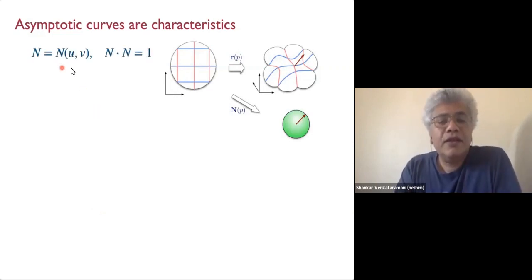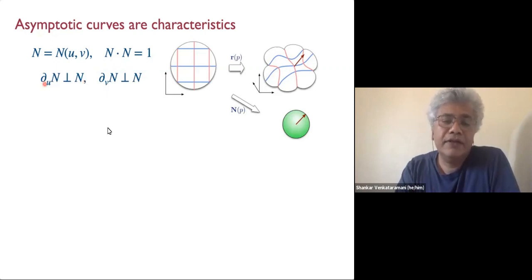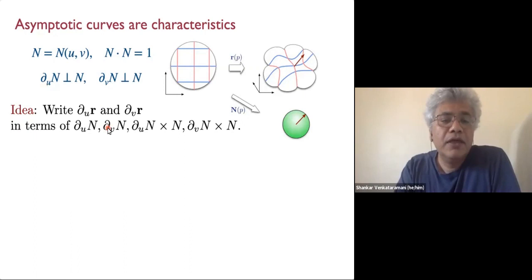So U and V now are going to be these characteristic or asymptotic directions. And so the normal, the Gauss map, is some mapping n of UV there. Okay? So if it's smooth enough, then of course you have these relations from the fact that the norm of this is 1.